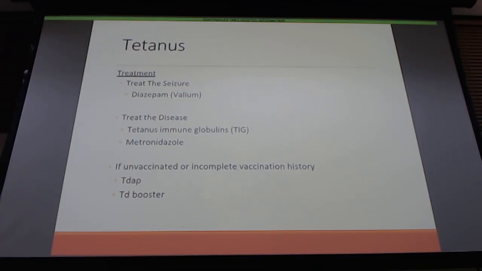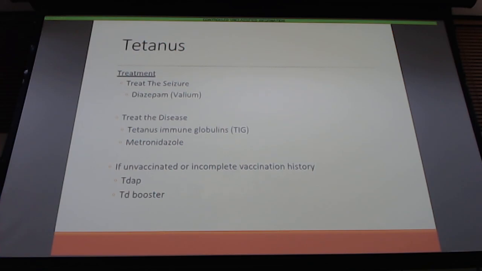All right. Then you've got big T, little d, little a, little p. That's for kids older than 7 up to adults. And then you have Td, which is technically your booster that you get after 10 years. Stuff usually lasts about 10 years or so.